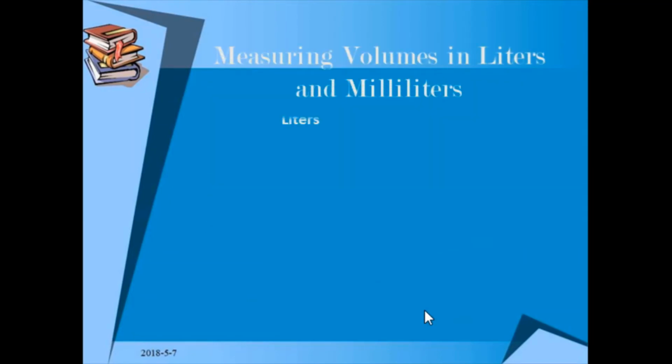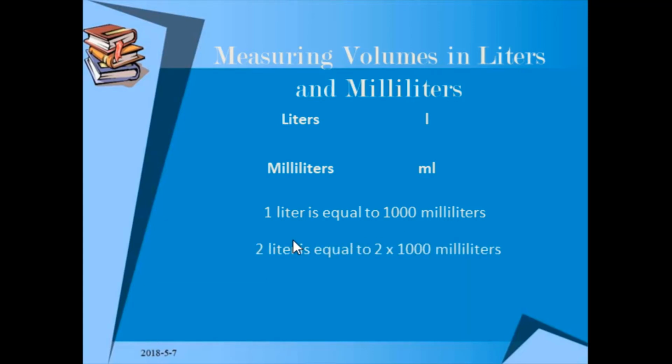Measure volume with liters or L, milliliters or mL. Remember that 1 liter is equal to 1,000 milliliters. So that means 2 liters is equal to 2 times 1,000 milliliters.